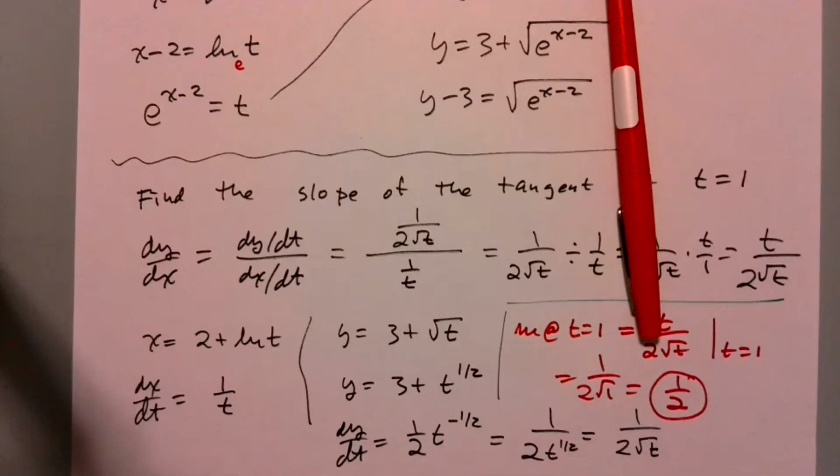That's a really nice rule to have in your bag of tricks. Then we began our discussion on parametrics. We defined what parametric equations are. We eliminated the parameter. We looked at several examples, and we finished off by finding slopes of a tangent, remembering, of course, that dy/dx is dy/dt over dx/dt.